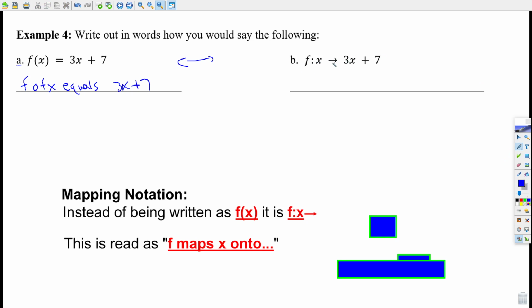So if I was going to read this one out loud, I would say it's f maps x onto, that's what this word is, and then 3x plus 7. There's no equal sign at all. There's no parentheses. F maps x onto. It's another way of doing the exact same problem. And we'll do one to show you how that works. You would substitute numbers in for the x's here.